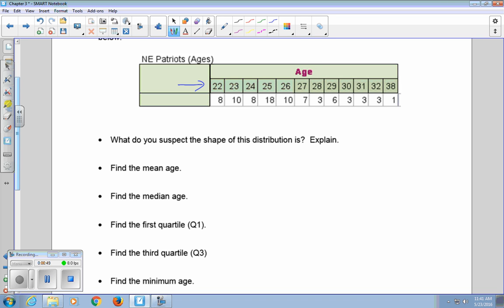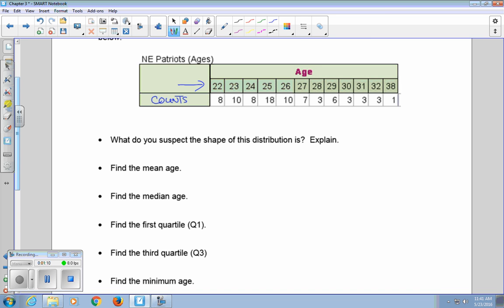And the row below it are counts. This means that 8 players were 22 years old, 10 players were 23 years old, 8 players were 24 years old, and all the way up to 1 player being 38 years old.